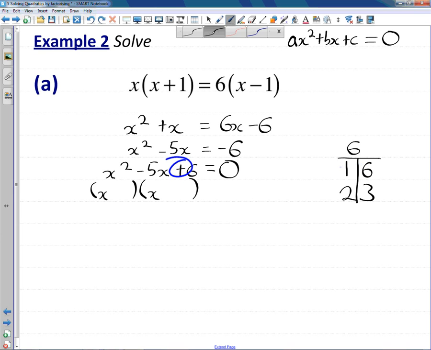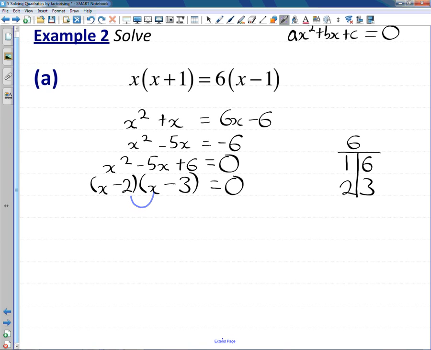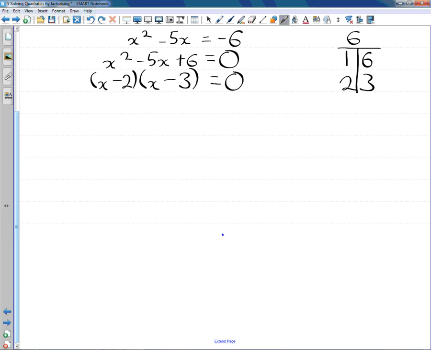So in fact, it's 2 and the 3 that work, because we can have them both being negative, and that will give me my plus 6x, and then outer it will give negative 3x, and the inner here it will give a negative 2x. So you will get your negative 5x. So it does catch people out, that one.